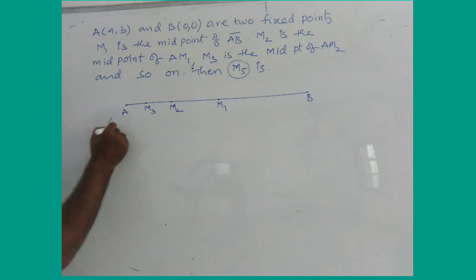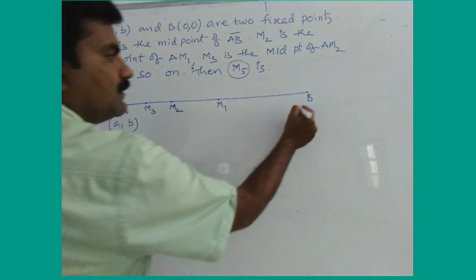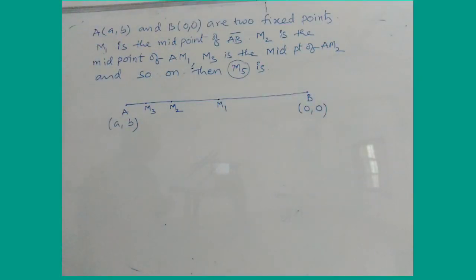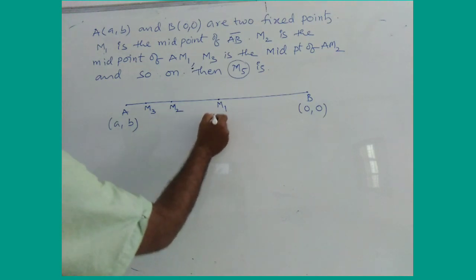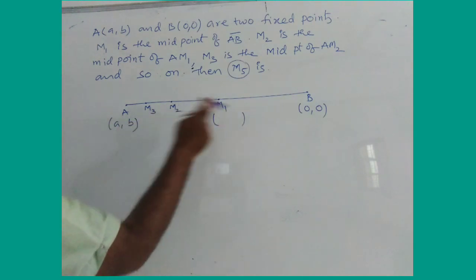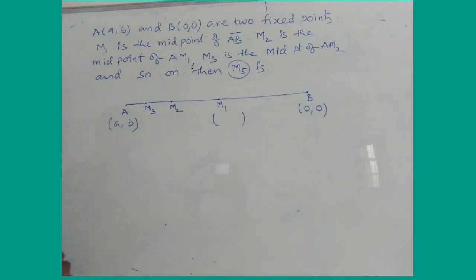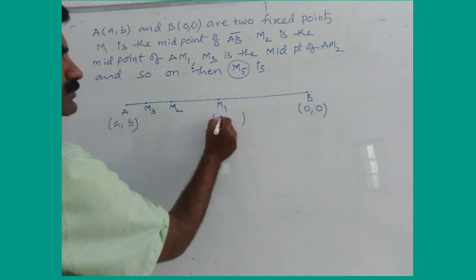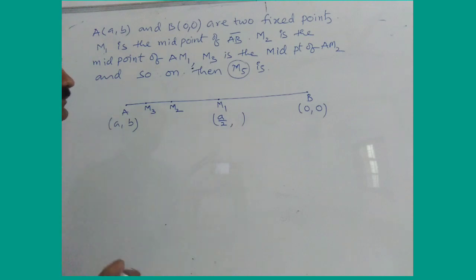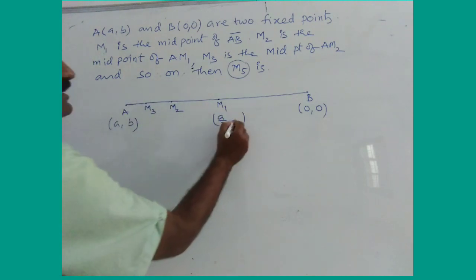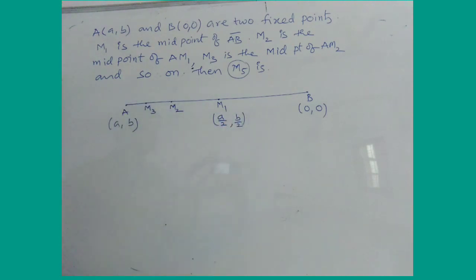Provided that A(a, b) has coordinates of a and b, and 0, 0 are the coordinates of B. Now M1 coordinates, midpoint of AB: (a plus 0)/2, which is a/2, and (b plus 0)/2, which is b/2.